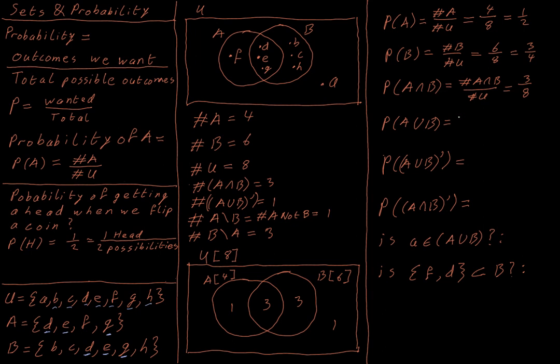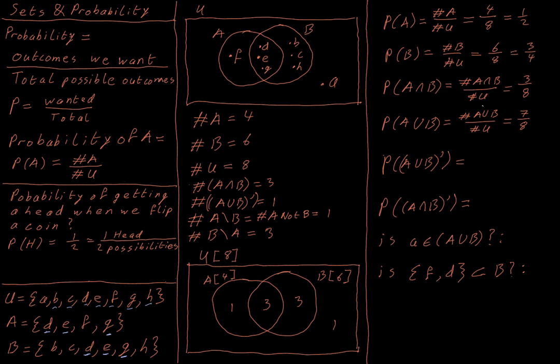Probability of A union B would be cardinal number of A union B all over cardinal number of the universe. We have 1, 2, 3, 4, 5, 6, 7 elements in A union B, and we have 8 elements in the universe. So we have very good odds of getting a letter from the group A union B.